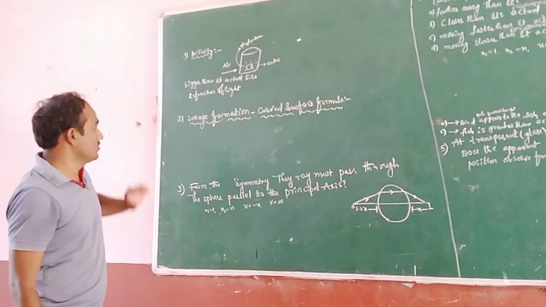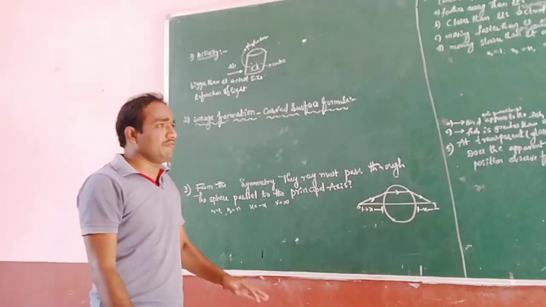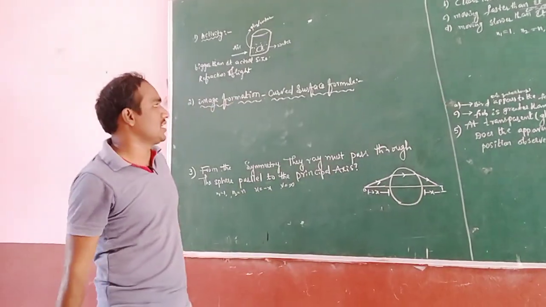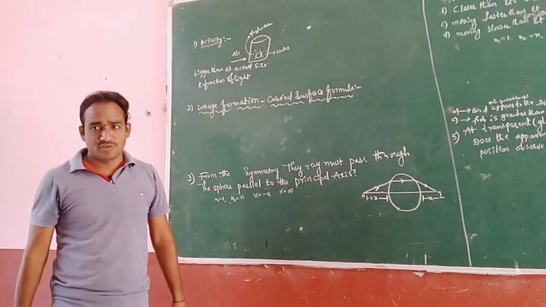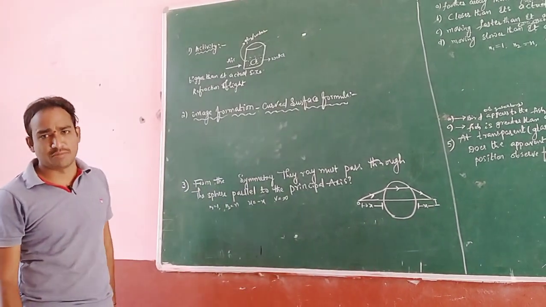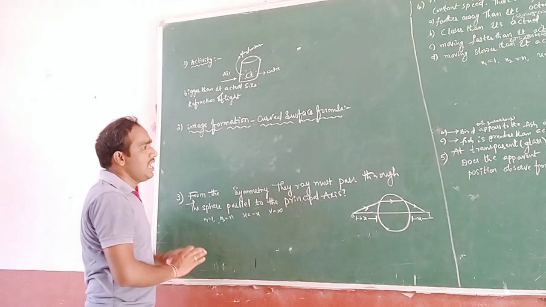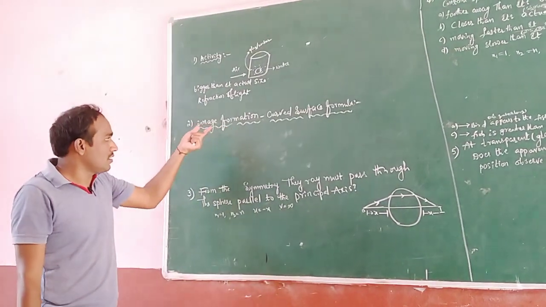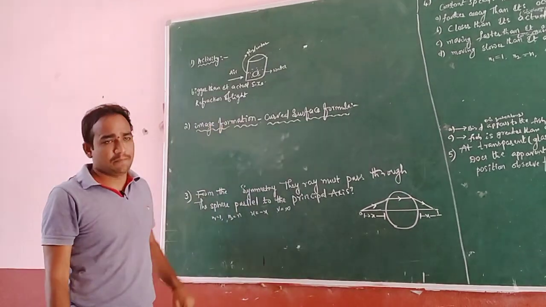And one more thing, a very important formula: the image formation formula for a curved surface. It is very important for competitive exams as well as for the 10th examination. The derivation of the formula we have, but we have to use it for problems.